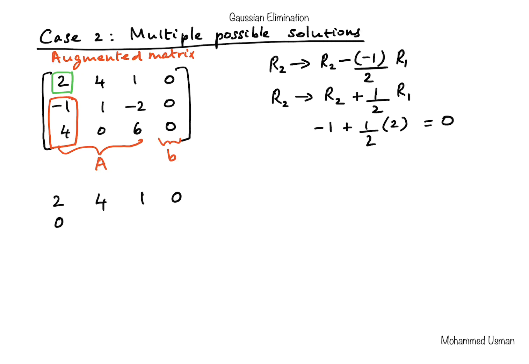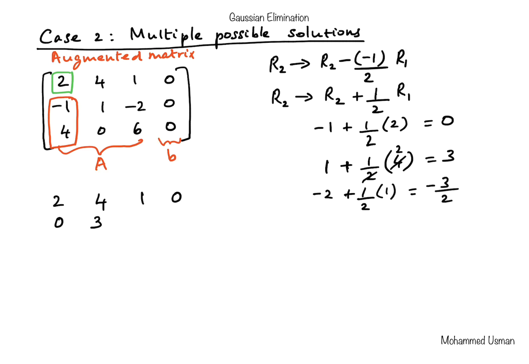And similarly, the next number in R2 is 1, and the next number in the corresponding R1 is 4. So that will become 1 plus 1 by 2, and the number in R1 is 4. So 2 will go here 2 times. So 1 plus 2 will get this as 3. So the second number here becomes 3. And the third number will become minus 2 plus 1 by 2 into 1. So minus 2 plus 1 by 2, that's minus 2 plus half is minus 1.5, that is minus 3 by 2.